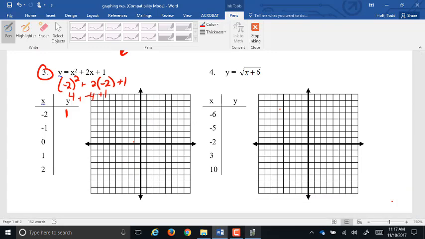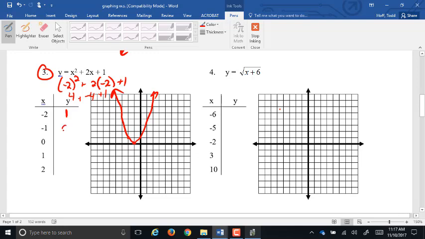Number 3. What do we have? -2, 1. -1, 0. What does it do? Look something like this. Does that look familiar?